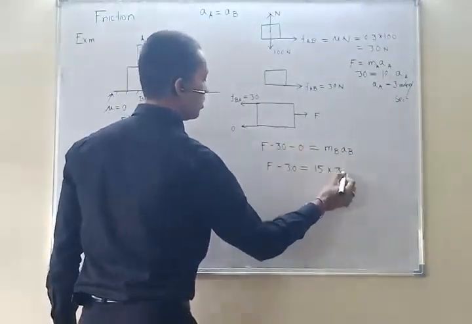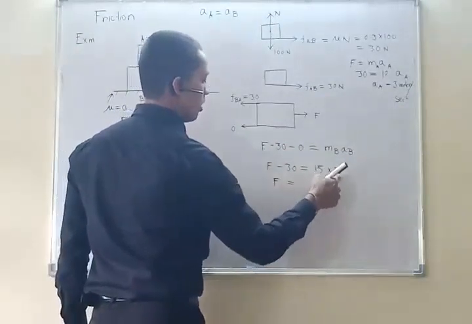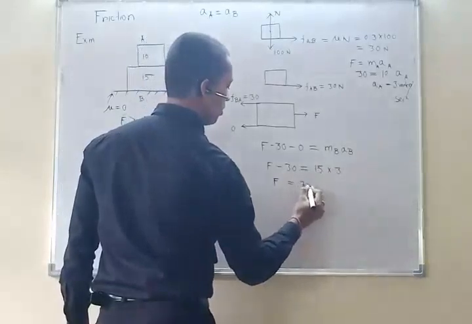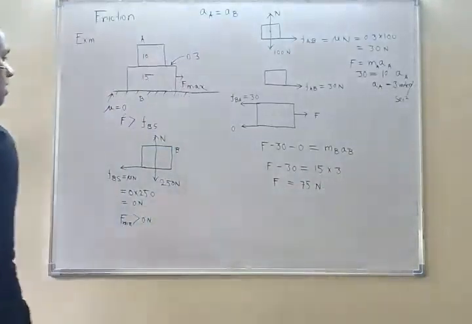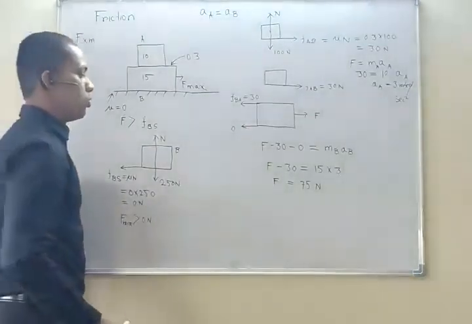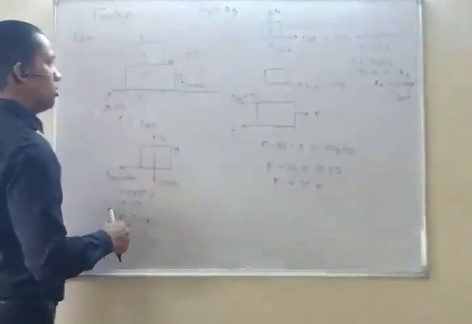This is the maximum acceleration. So F should be equal to 45 plus 30, that is 75 Newton. So for a force of F equal to 75 Newton, they will move together.